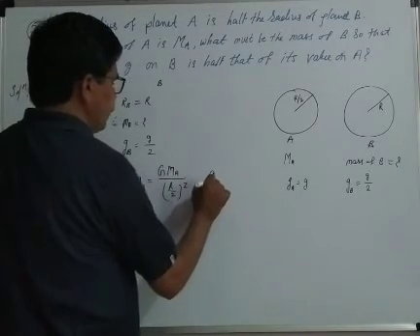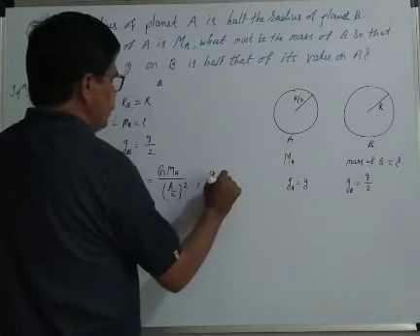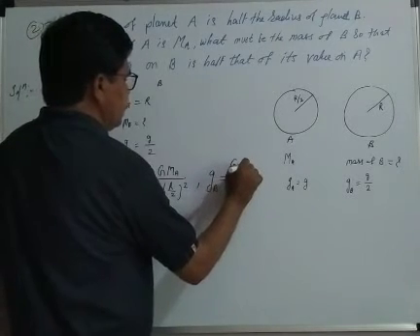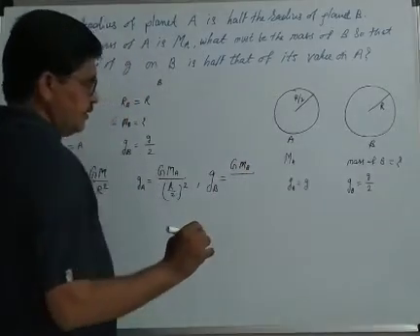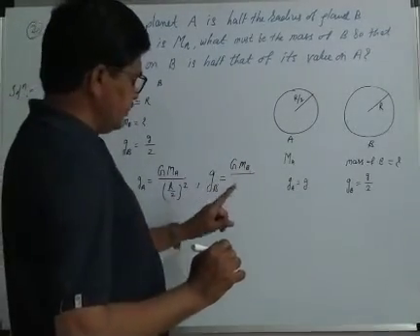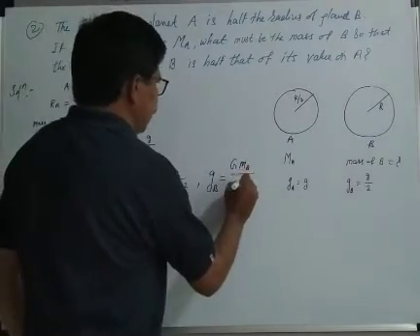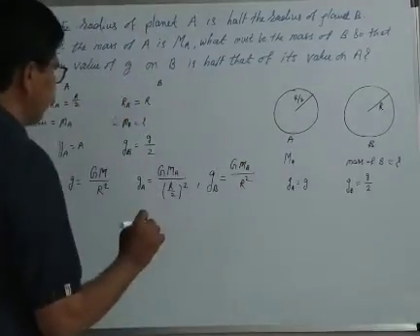For B, the value of GB is equal to G MB divided by the radius of B, which is R, so R square.